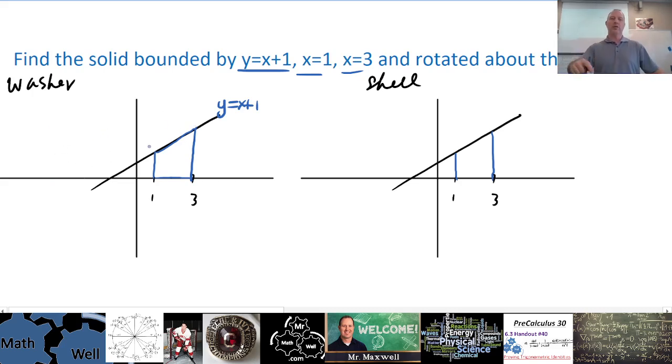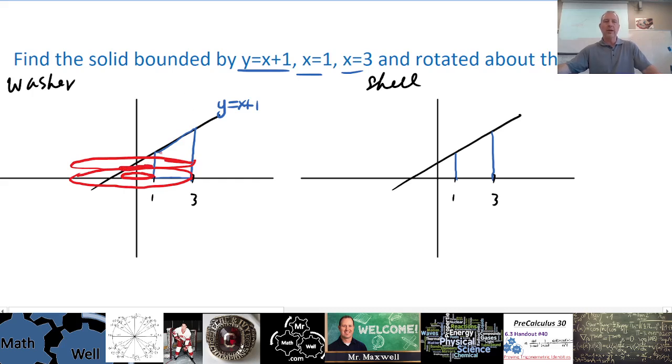So in this washer method, what you'd have to consider is that we would have a washer or stacks of washers. Sorry. We would have stacks of washers that would look like this. They would stack up here, and we would take this middle part away.